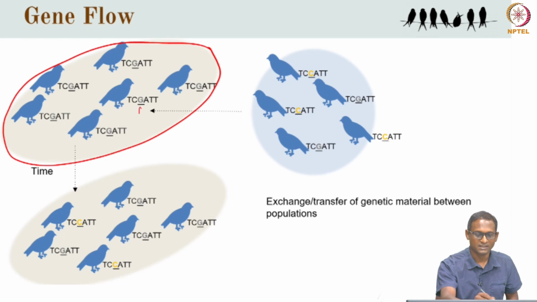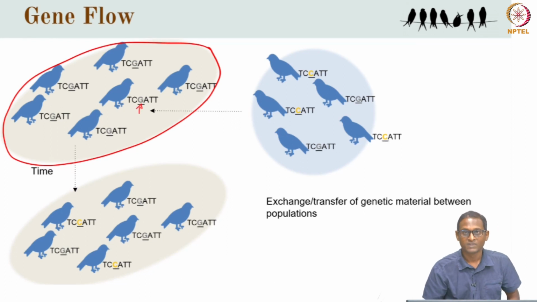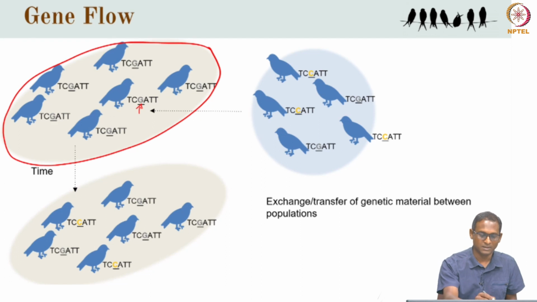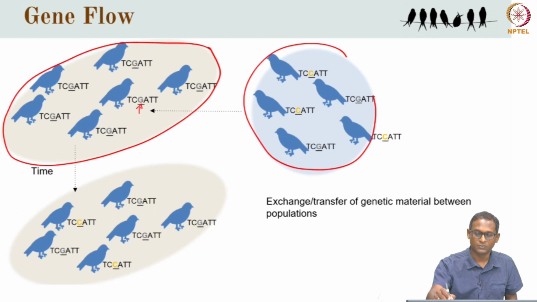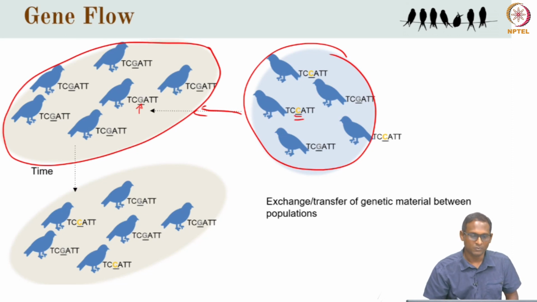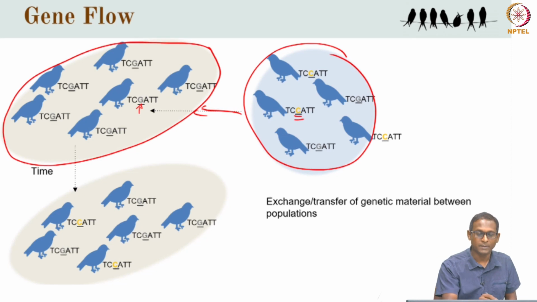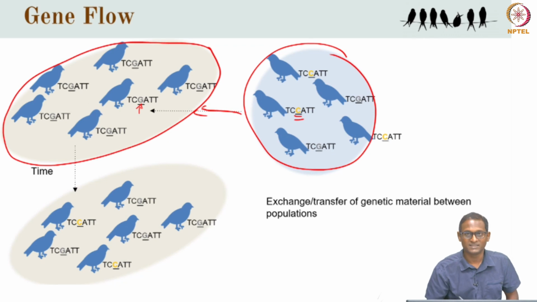So let's consider this population having just the G base at this spot, and then there is some exchange or transfer of genetic material from another population, this one, into this, and you will see that this population has some individuals with C in it. Now what that means is that over time, due to this mixing, you would have a population which has C and G in this.